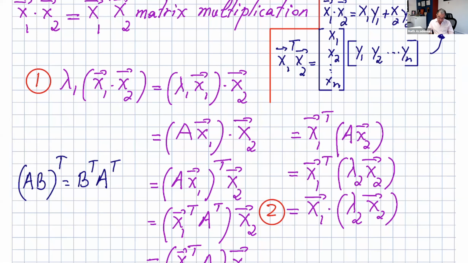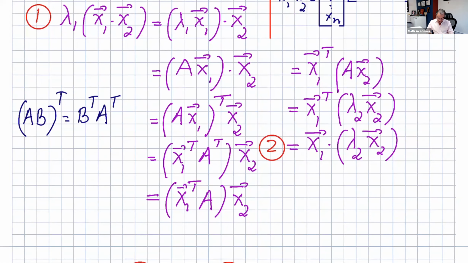So you can write that as x1 transpose times A transpose times x2, and that's x1 transpose times A, because A transpose is just A. We assumed it's a symmetric matrix, and you can write that times x2. Now you can write this as x1 transpose times A x2.